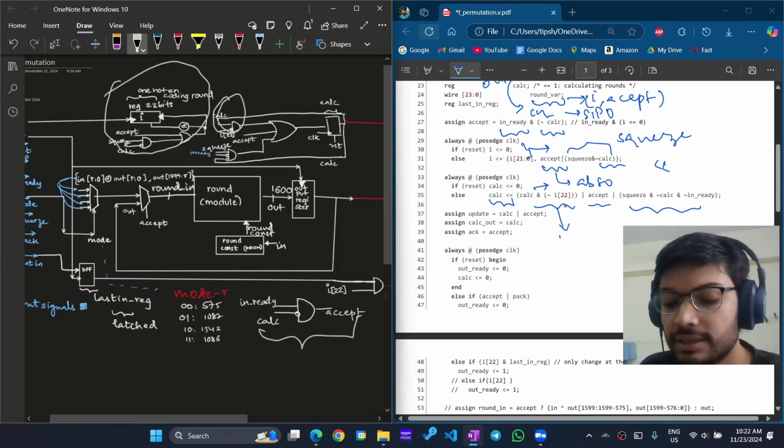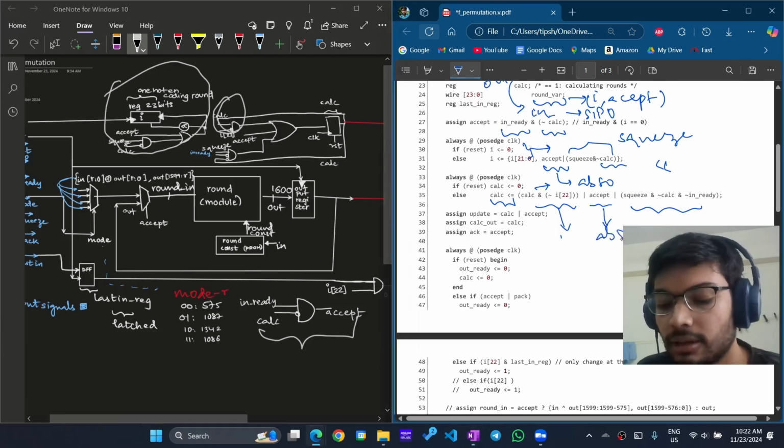I of 22 says if it is the last round. If it is not the last round, calc is going to go high again. When it starts accepting to absorb, calculate goes 1 again. When it's trying to squeeze and it's not calculating from the previous absorb, and it is not taking in any input to absorb, calc becomes 1 to give more bits.